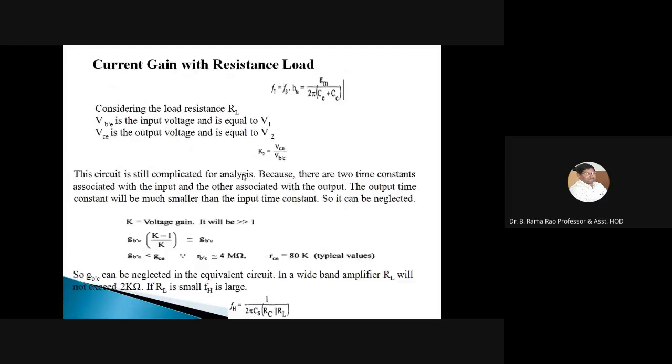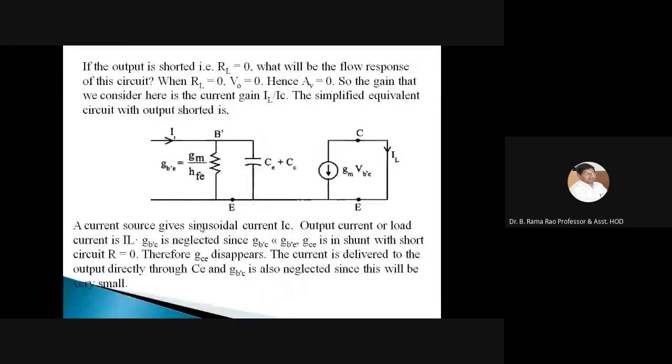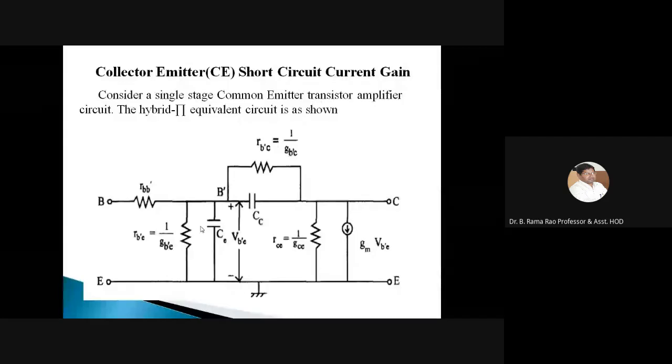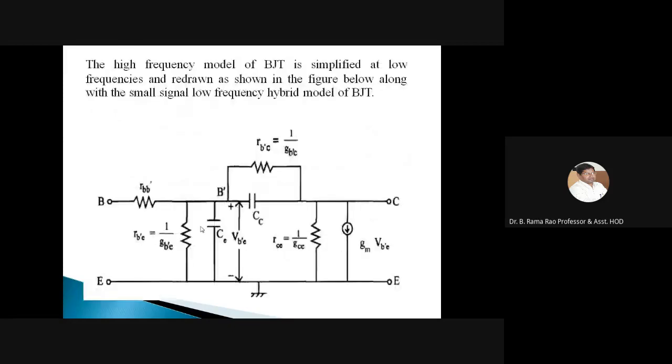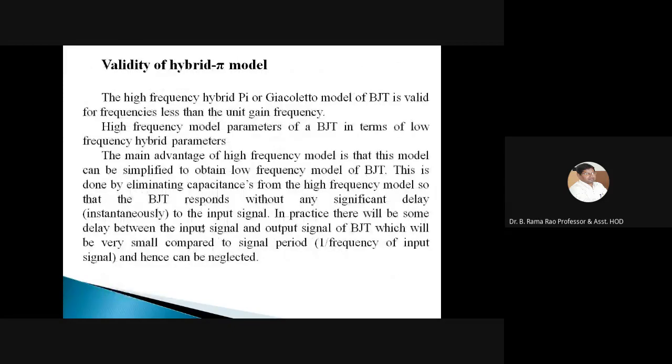Up to this point, we have found the collector emitter short circuit current gain. We went through the validity of the hybrid pi model.